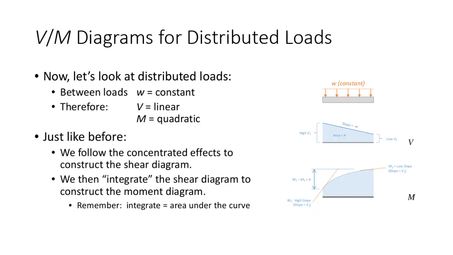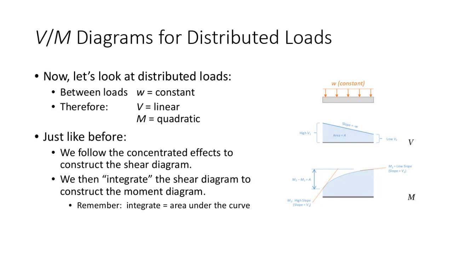Now, the next thing I want to make sure that we're clear on is that integral relationship. Whenever you're dealing with a distributed load, things change a little bit with the shear diagram and the moment diagram. When we drew our shear diagram in the last example, we got this sort of stair step graph, and then the moment diagram was a bunch of linear segments all connected together.